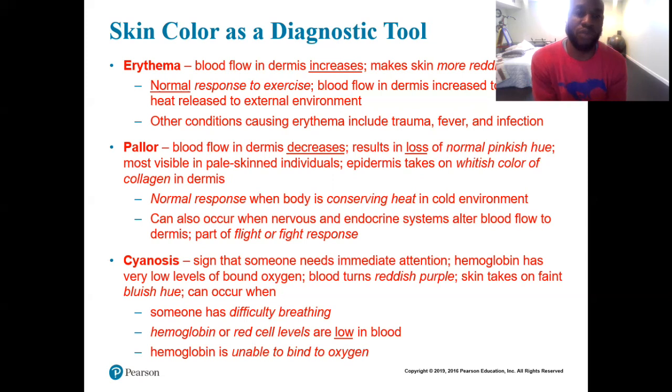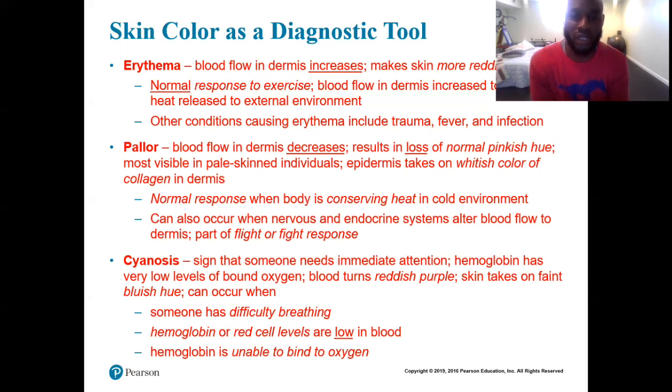Pallor: blood flow in the dermis decreases. That results in loss of the normal pinkish hue, most visible in pale-skinned individuals. The epidermis takes on a whitish color of the collagen in the dermis, all right? For people who are white, your skin kind of goes white, so to speak.